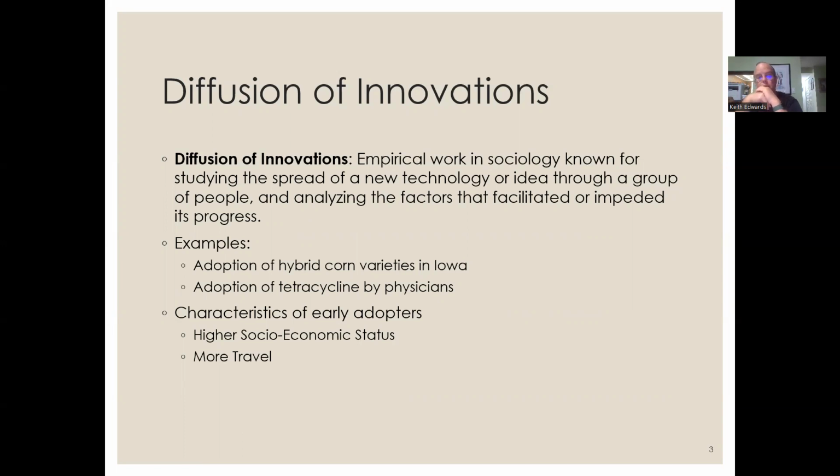Examples are the adoption of hybrid corn varieties in Iowa that is mentioned in the chapter, or adoption of tetracycline by physicians. Basically, these are facilitated by early adopters who spread the idea throughout the network. These early adopters tend to have higher socioeconomic status and engage in more travel than the later adopters.